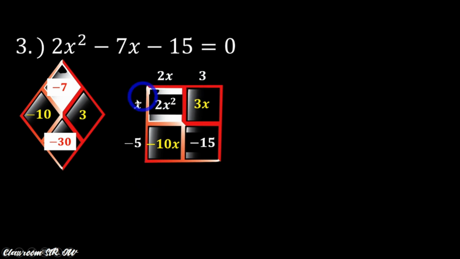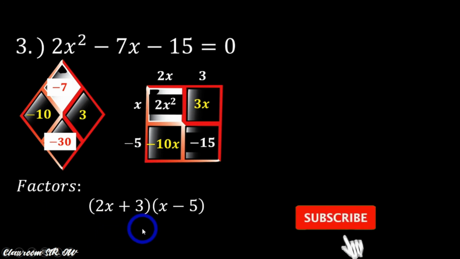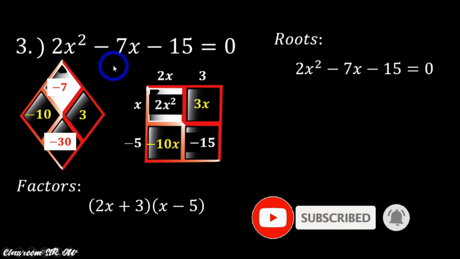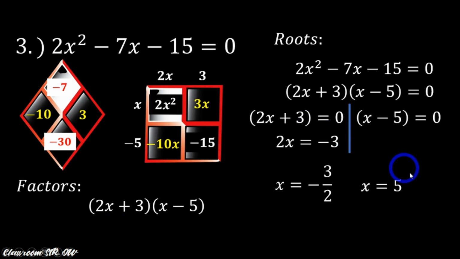So out of this, we will have our factors, which are 2x plus 3 and x minus 5. Now let us solve the roots of the given quadratic equation. We just have to replace the given expression on the left side of the equation by the factors, and simplifying further, we have x is equal to negative 3 over 2 and x is equal to 5.